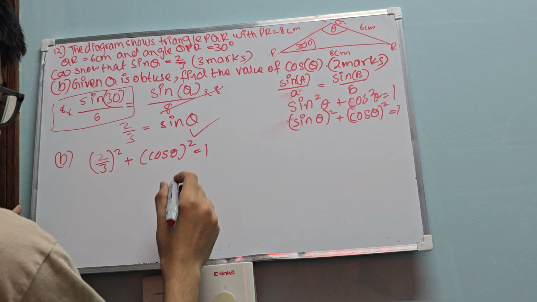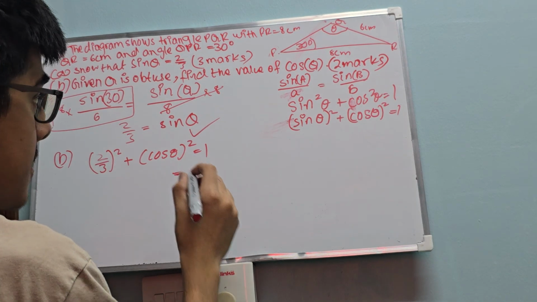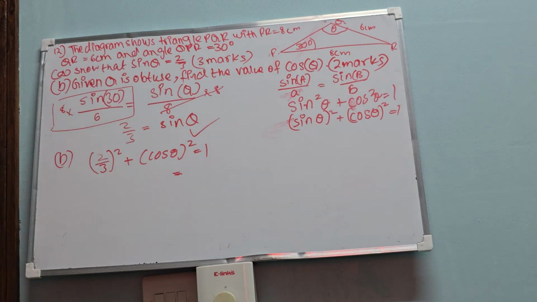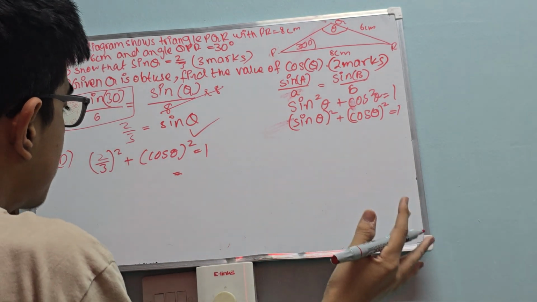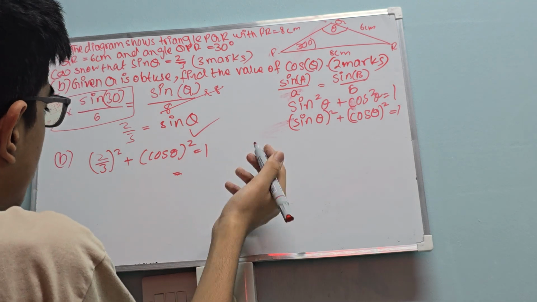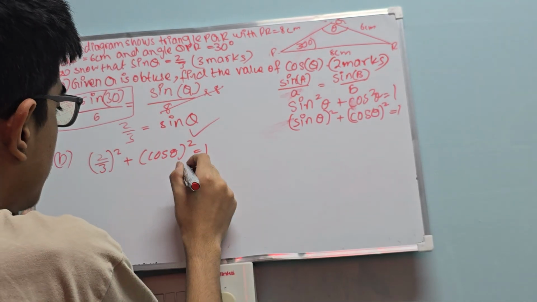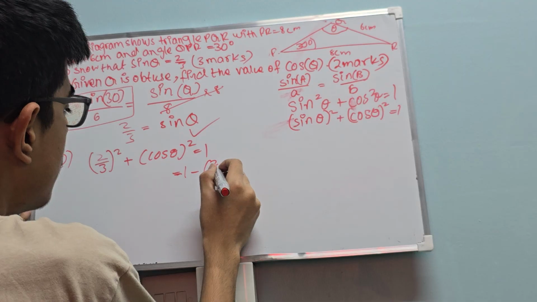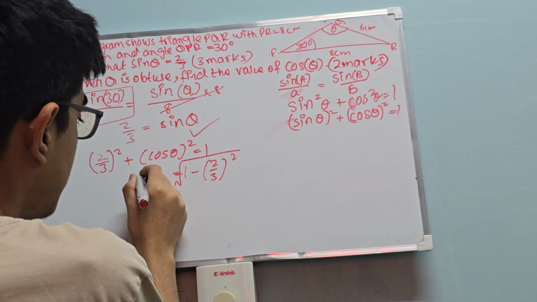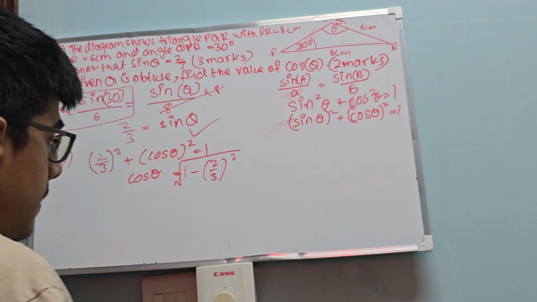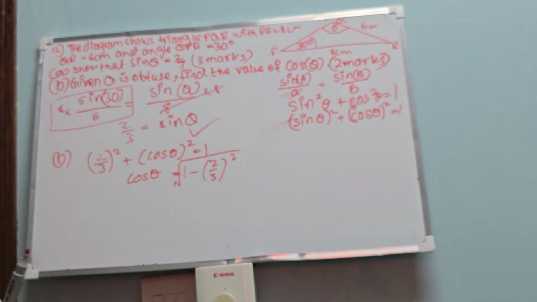Take this to the other side and take the positive square root of it, because angles are just positive, cannot be negative. So 1 minus 2 over 3 squared, positive square root is cos of Q.